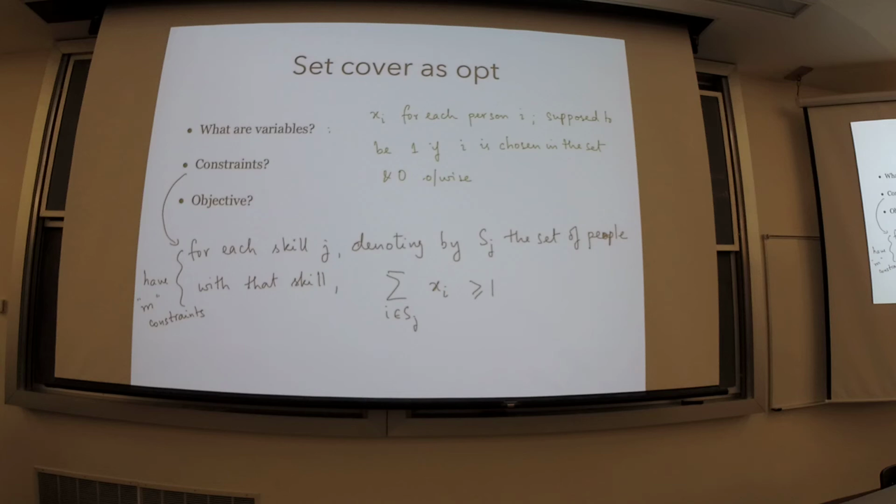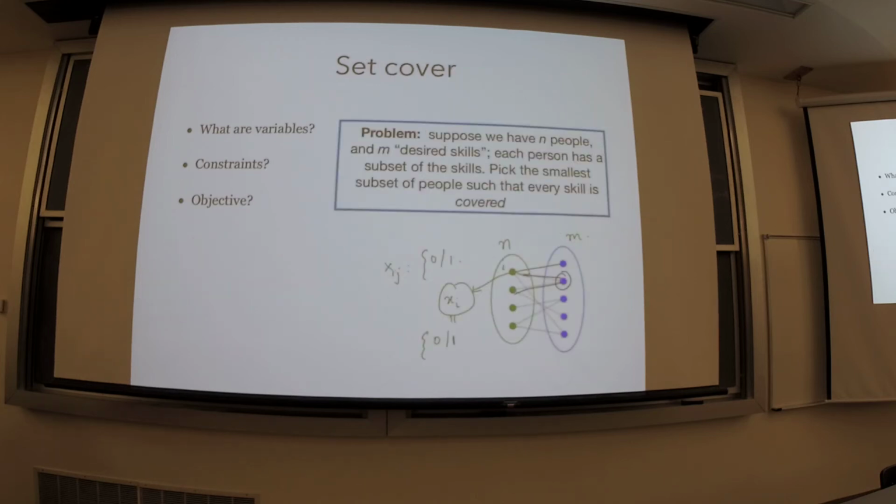Okay, and now what is the objective value? Your objective is, again, specified in the problem. So pick the smallest subset of people. So the sum of xi is minimized.